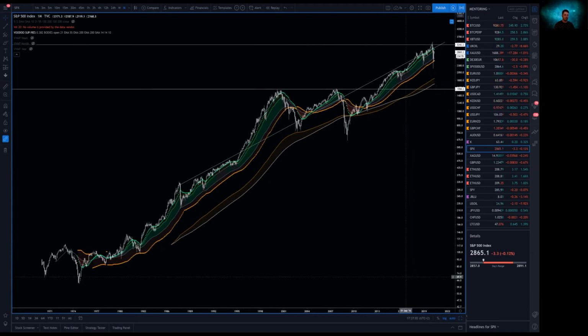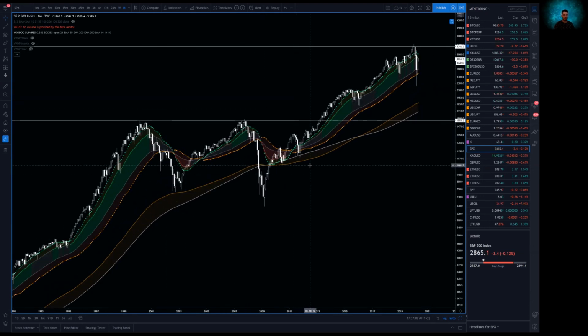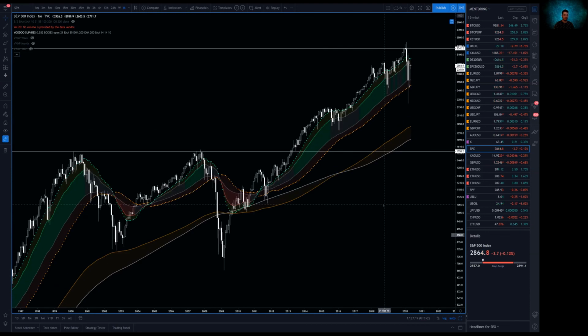So there are limits to it, and the rule of thumb will be: if you're trading on logarithmic, stay with logarithmic, don't switch between them. If you're trading on linear, trade on linear, and don't use diagonals because they suck.